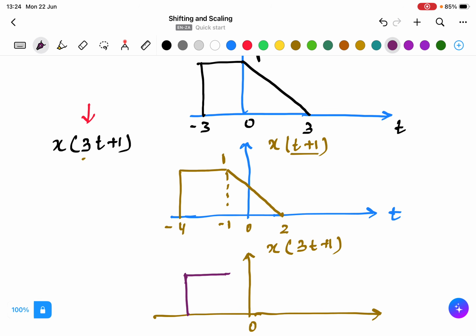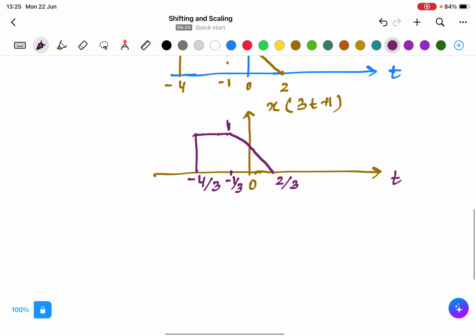When we are saying compression in time domain, the time will be less, so it will be somewhere here, let's say -4 divided by 3, and this will be 2 divided by 3, and the amplitude will remain the same. And this point will be -1 divided by 3. So this is how shifting and scaling works together, right?